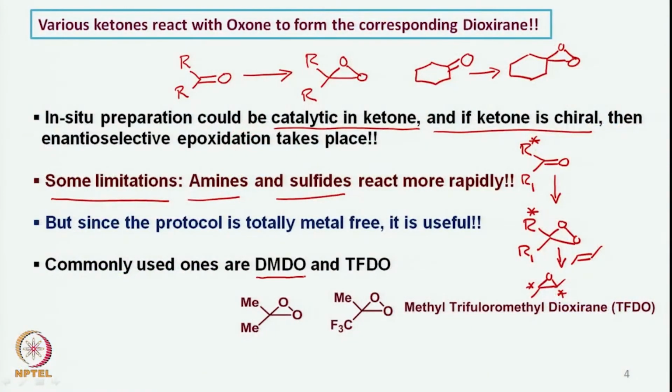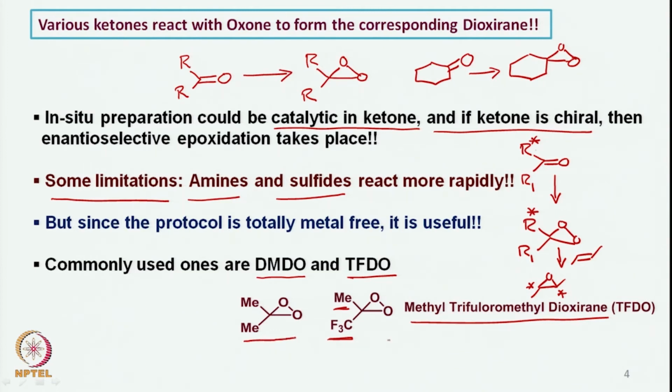Commonly used dioxiranes are DMDO, that is dimethyl dioxirane, and also methyl trifluoromethyl dioxirane. So you have a methyl and the trifluoromethyl dioxirane. These are the two which are used very often, both by in situ preparation, and of course they can be isolated.